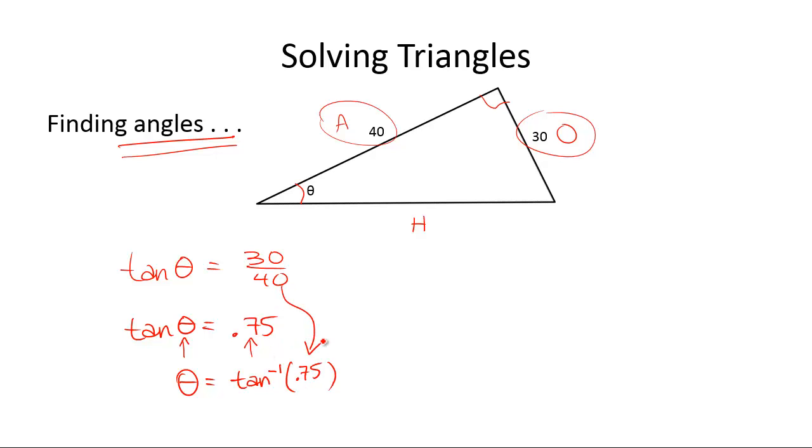And you can do this for all the different ratios like sine and cosine as well. So when you type it in, you should get 36.9 degrees. So that's about 37 degrees. If you're not getting that, it's likely because you're in radian mode instead of degree mode.